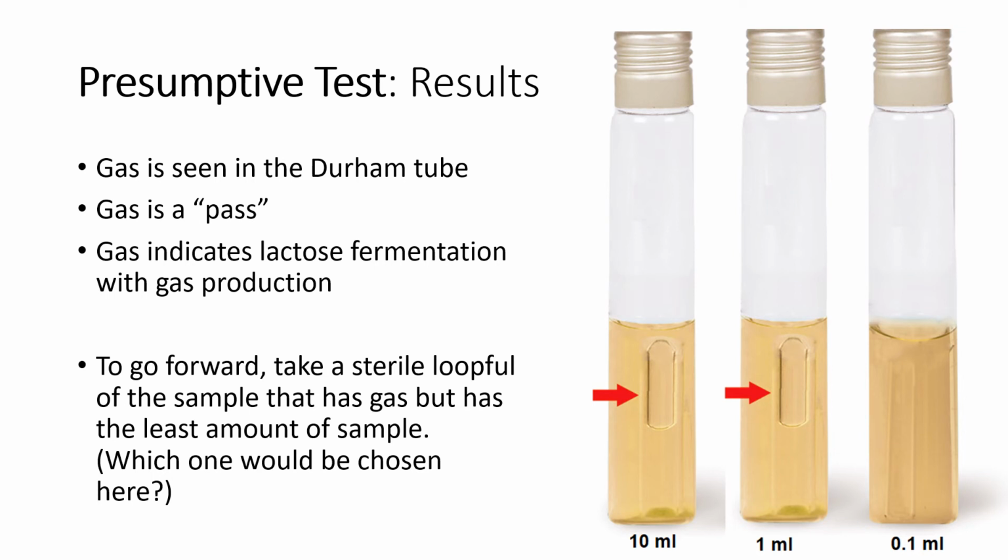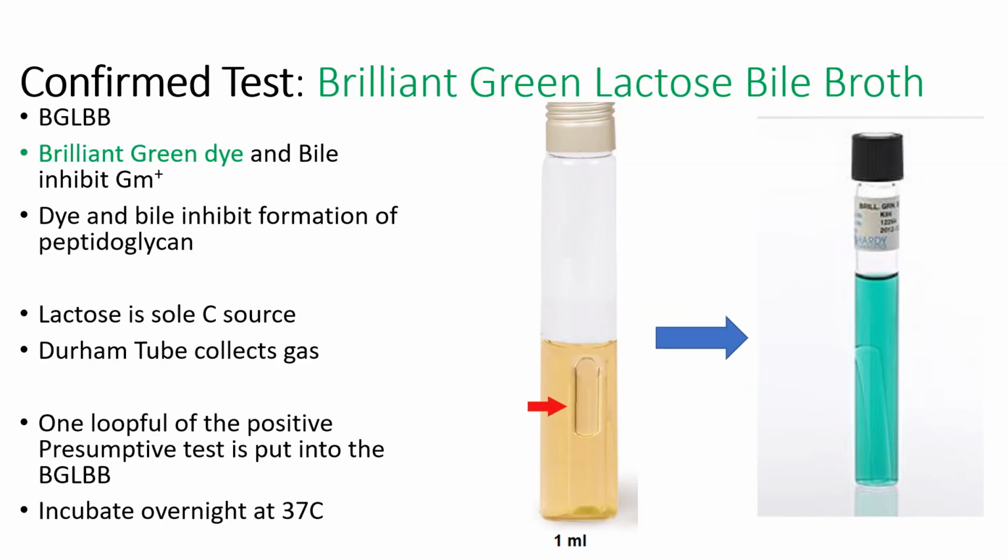So if all three of your tubes were negative, you'd have to borrow somebody's to go forward. To go forward, we would take a sterile loop full of the sample that has gas, but the least amount of sample. So which one would I choose here? You have to have gas, but the least amount of sample. So yes, it would be the 1 ml sample. In this case, we would go forward with one sterile loop.